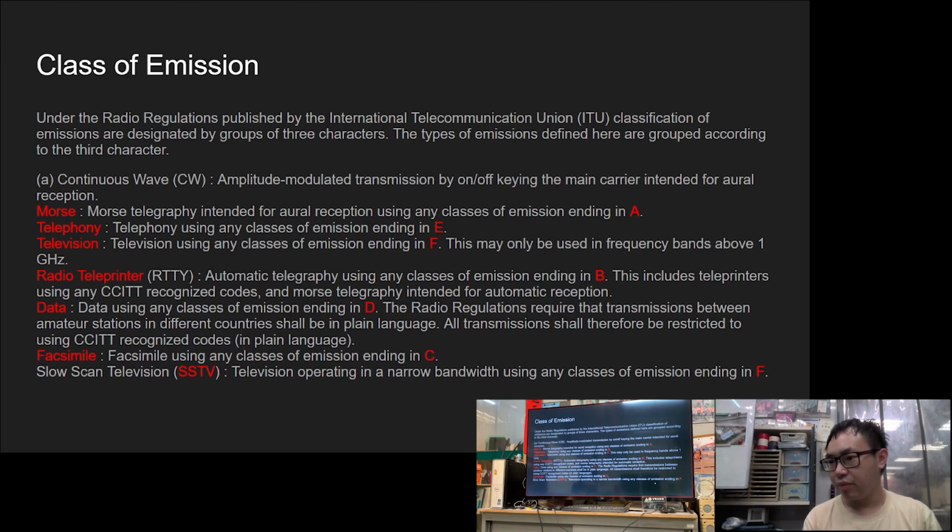You encode your signal into voice. Just like fax, you are encoding your message or the photos into voice, and you transmit the voice through the radio.